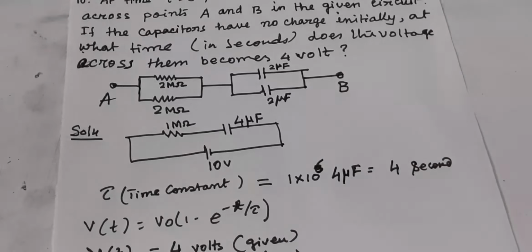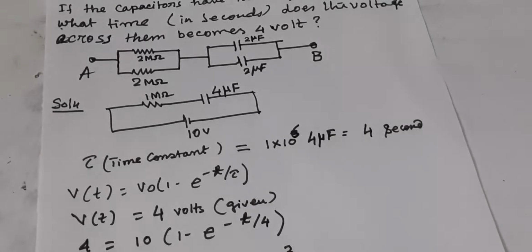T means time, which depends on how much time we are providing, and tau is the time constant, the product of resistance and capacitance. Tau we can calculate: resistance is 1 into 10 to the power 6 ohm into 4 into 10 to the power minus 6, so it will give 4 seconds. The unit will be seconds, 4 seconds.